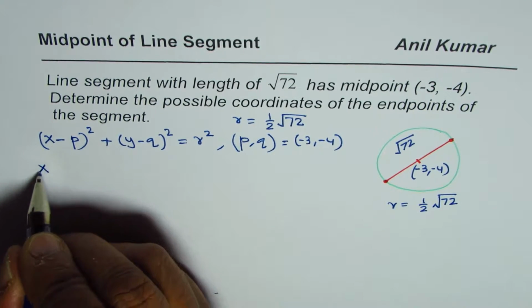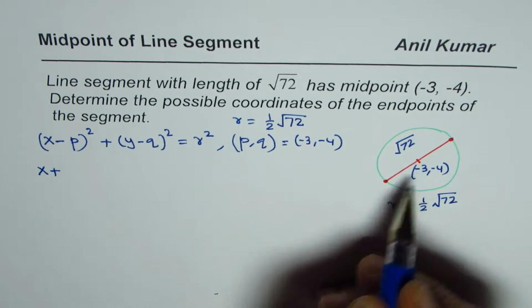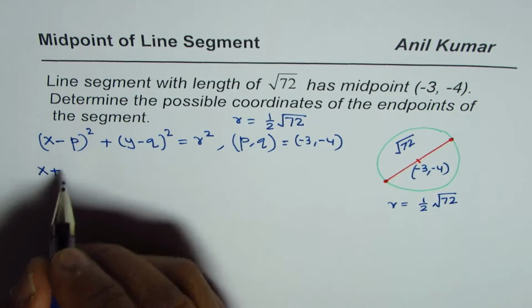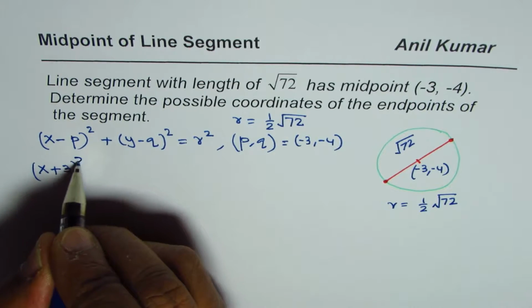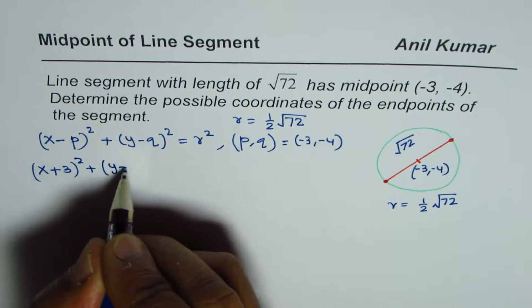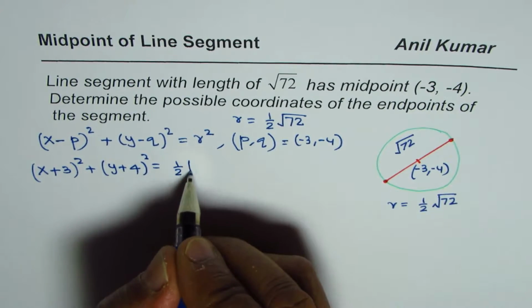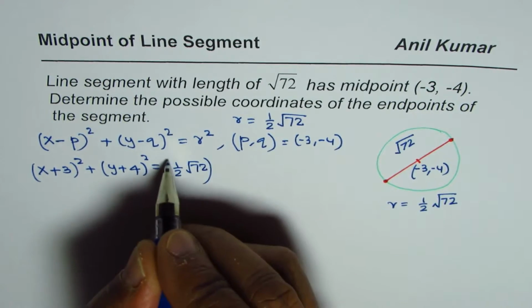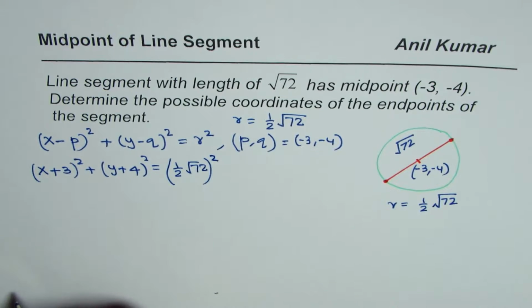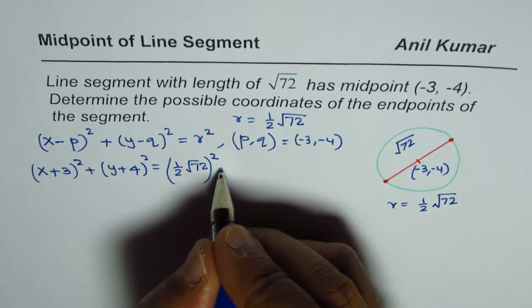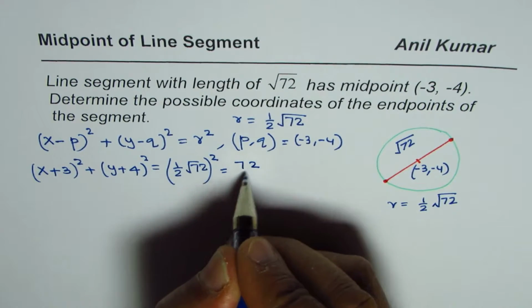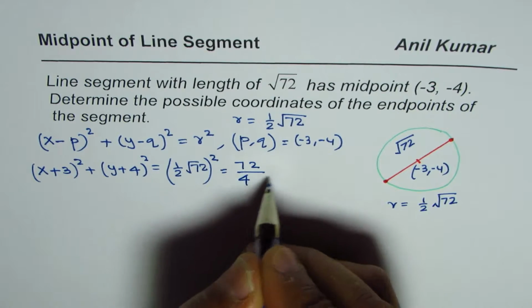So we get (x plus 3) whole square, since it is minus and minus, plus (y plus 4) whole square equals half of square root 72 whole square. So that becomes the equation which we should solve. Now the right side here is 72 divided by 4.